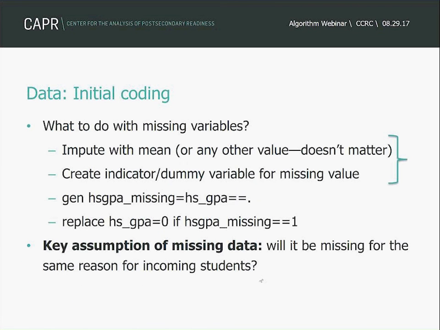Okay, great. So I mentioned before what we do with missing data. Ordinarily, if we wanted to look at the causal effect of a variable, like high school GPA, we might do some fancier imputation. But because we just want to know the predictive values, I actually think this missing data approach is really useful here.